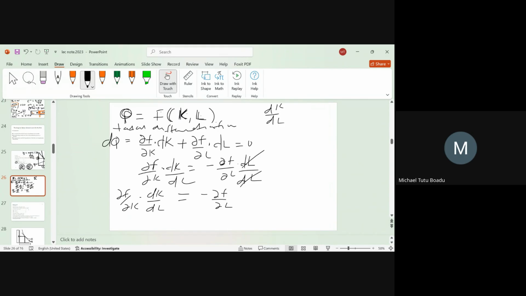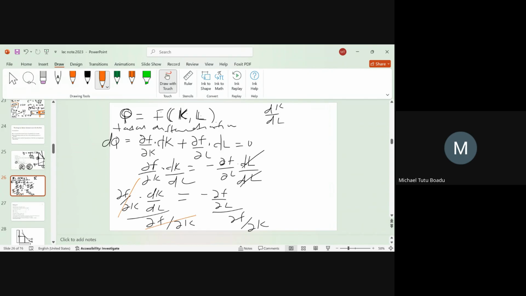I am looking for change in K over change in L. So I can divide both sides again by change in F over change in K. So this will now cancel this.